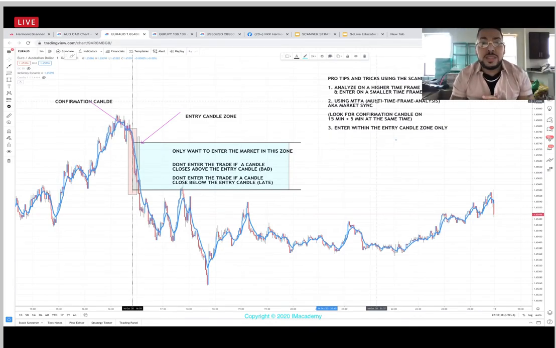Everybody wants to be unique. Everybody wants to have that special something. And then you know what ends up happening? They reinvent the wheel again and again. And then thousands, if not hundreds of thousands, if not millions of traders around the world begin to follow people who have no real results.